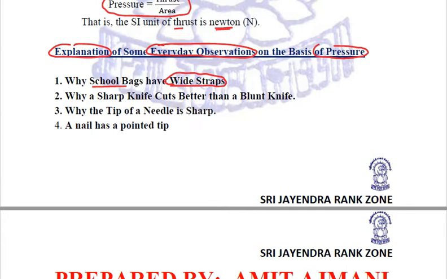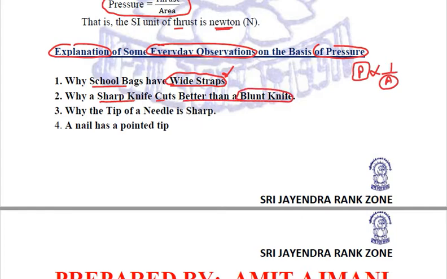The reason is that pressure is inversely proportional to area. So if we increase the area by providing these wide straps, the pressure will be reduced. So if there are wide straps on the school bags, then the force acting on the shoulders of the children is reduced. Clear?